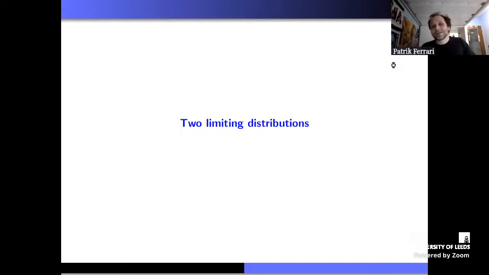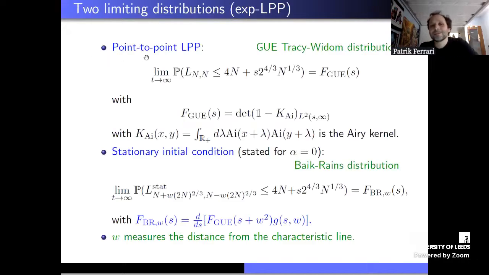Now, I would like to mention two of the limiting distributions which are known in the full space. One is the point-to-point last passage percolation. So here it is in the case of the exponential LPP.